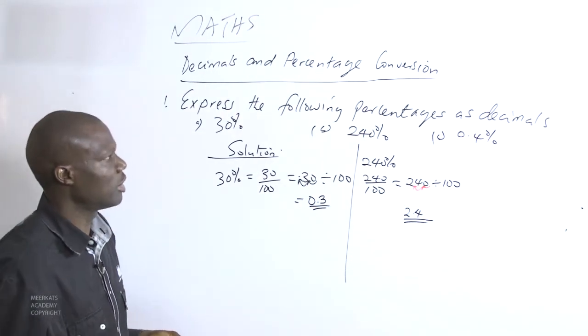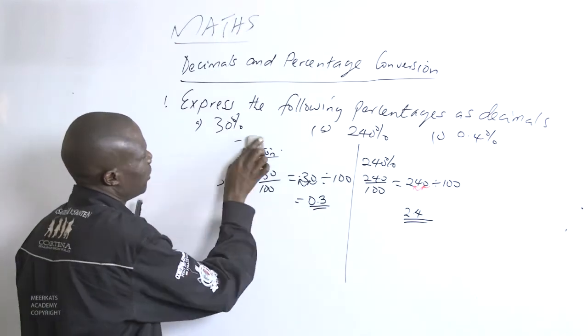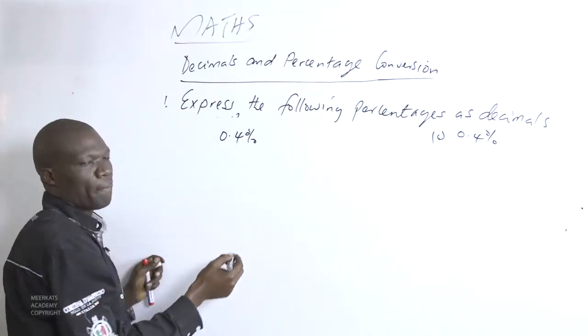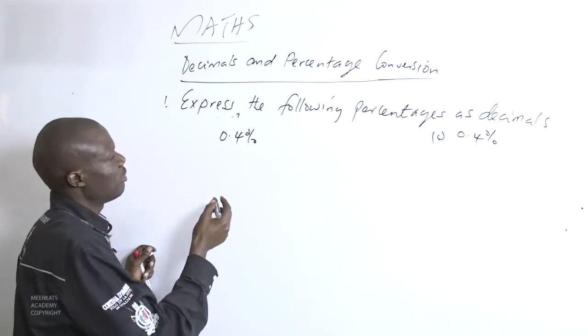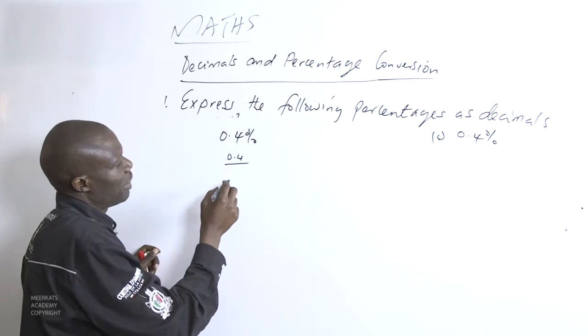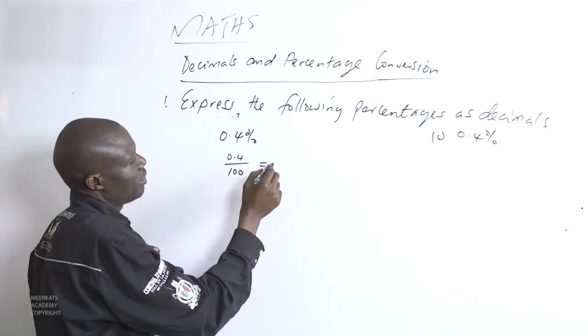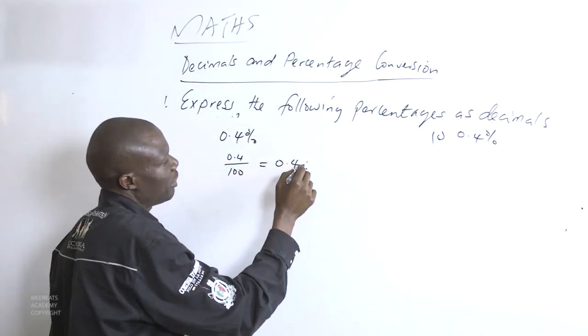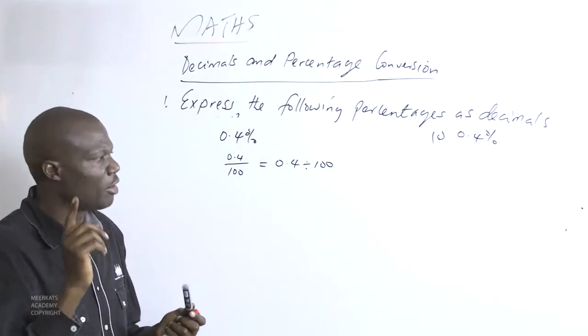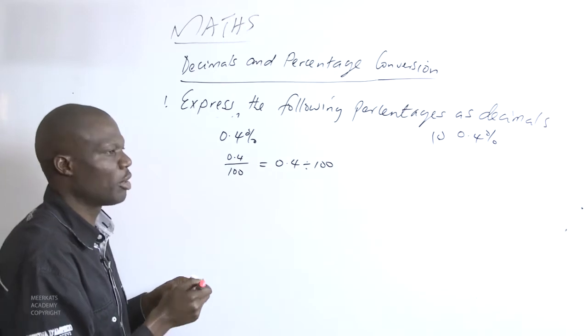The last one is 0.4%. To convert this, it is equivalent to simply saying 0.4 divided by 100. We need to move the decimal point, and the decimal point is here.